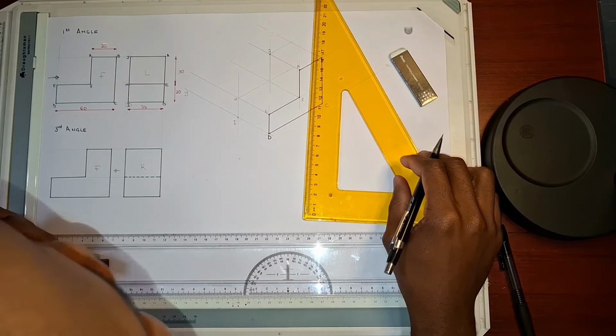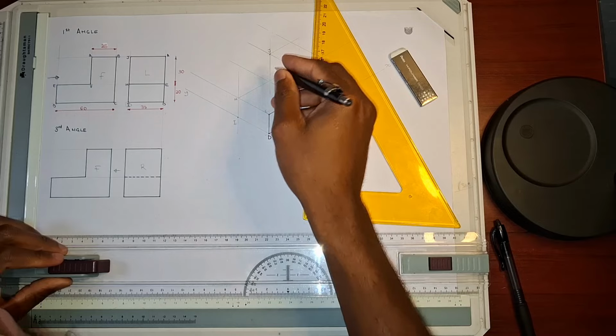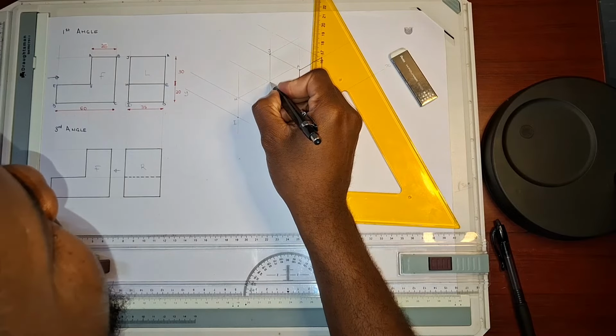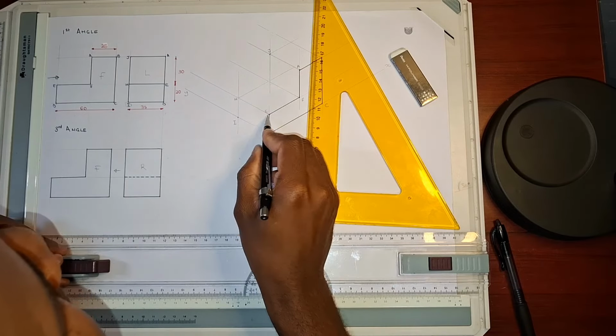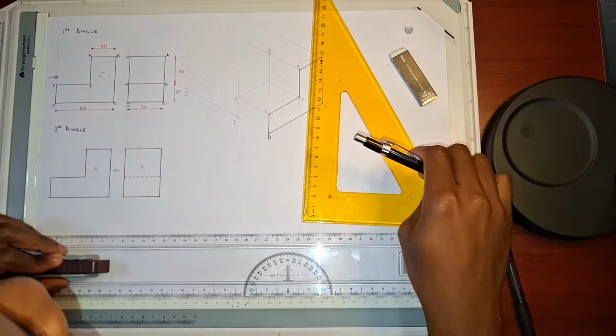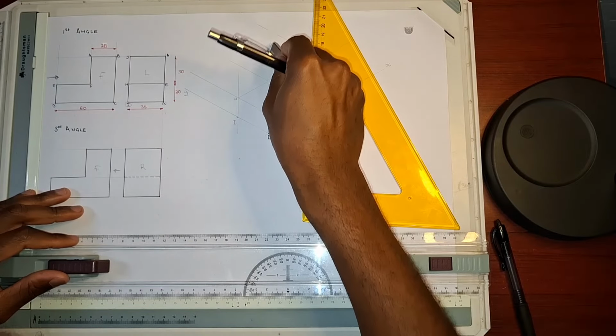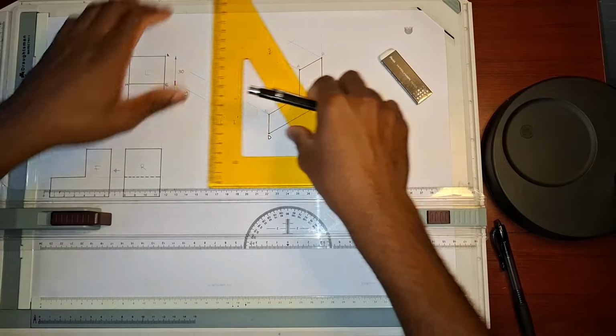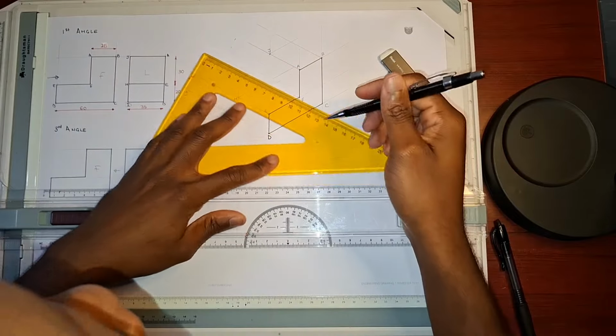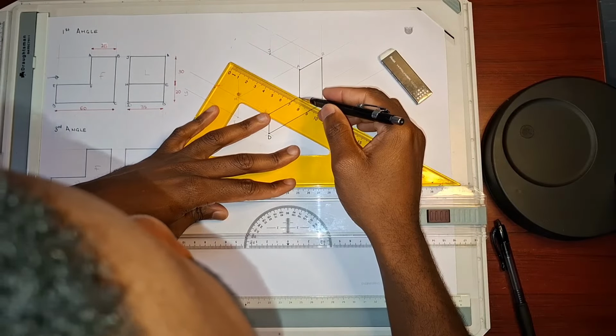Did I measure that correctly? It misses there. It missed this side. I did not measure well, right? But it really doesn't matter. It's just for practice's sake. Sorry about that.